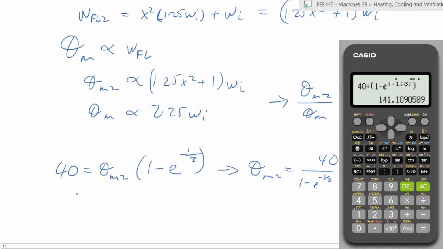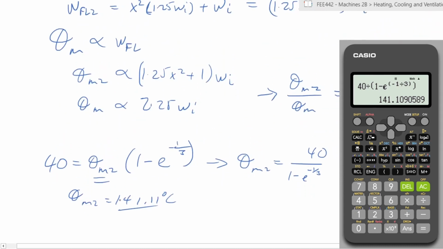So that gives us theta m2 is equal to 141.11 degrees C. So if we were to run the machine at this rating, or rather at this kind of temperature, or rather horsepower, we would find that our temperature rise would be 141.11 degrees C. That's what this means.